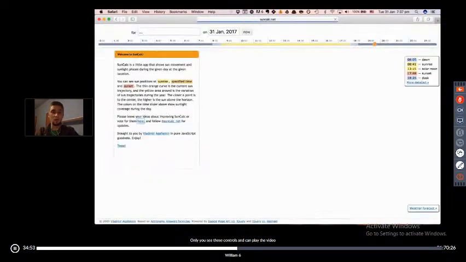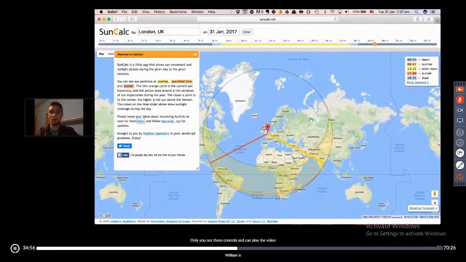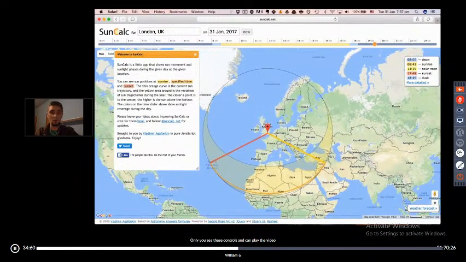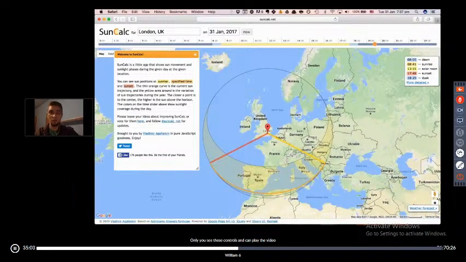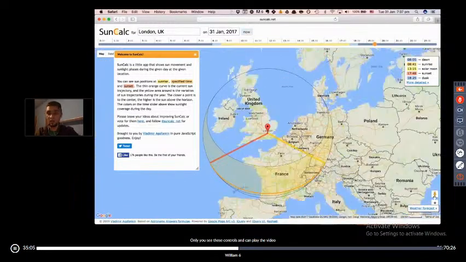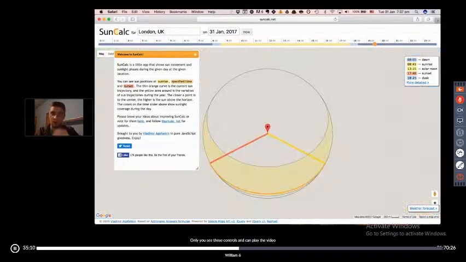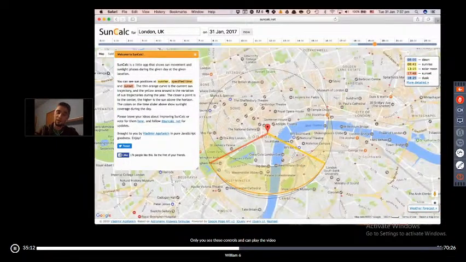If you're seeing my screen, you can put in your location, and based on the date you want, the date is now, you can zoom in and see exactly, let's say this is your address, how the sun is behaving. You know, what's the sun path. Awesome, yeah, that was the question.